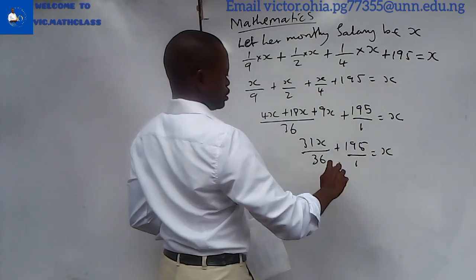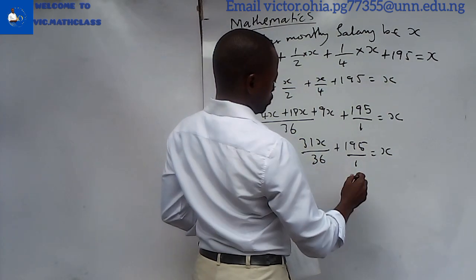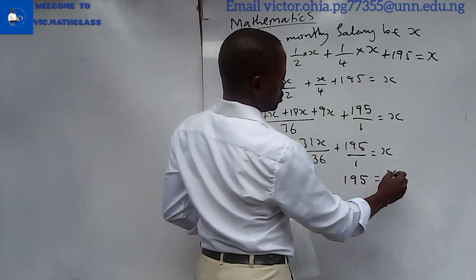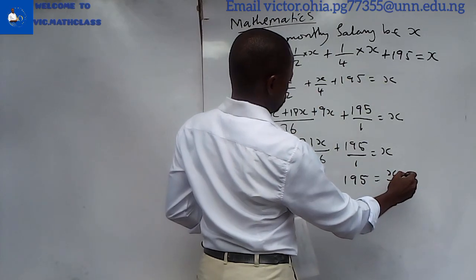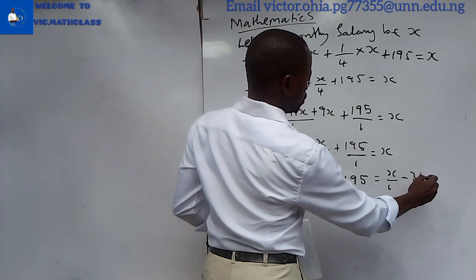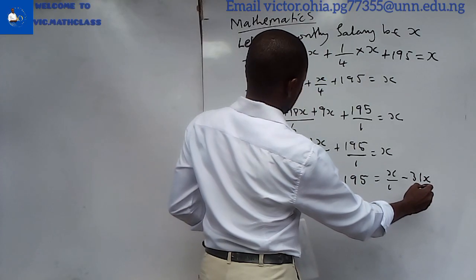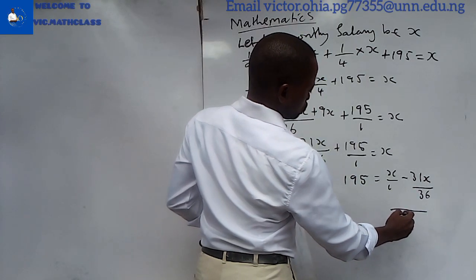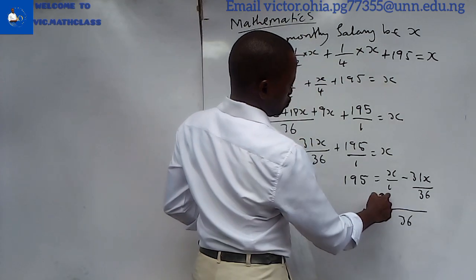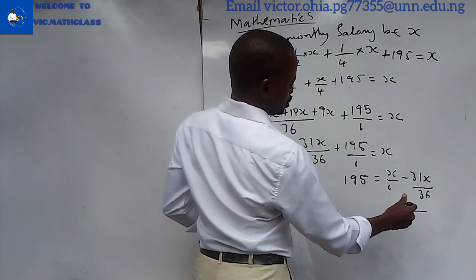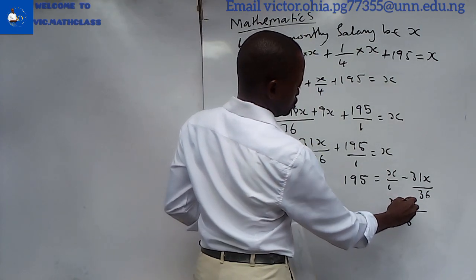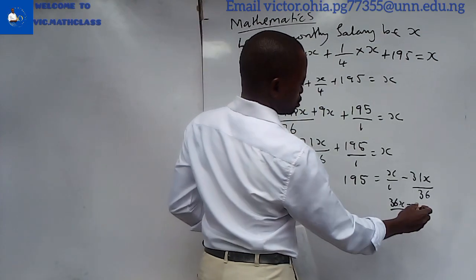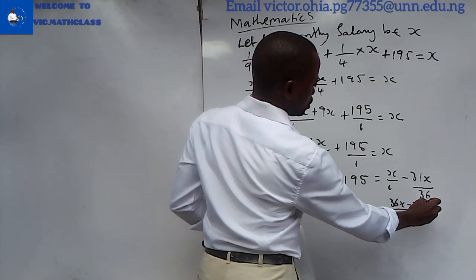So let me transfer this over here. I will have 195 equals x over 1 minus 31x over 36. The LCM here is 36. 36 divided by 1 times x is 36x, minus 36 divided by 36 is 1, 1 times this is 31x.